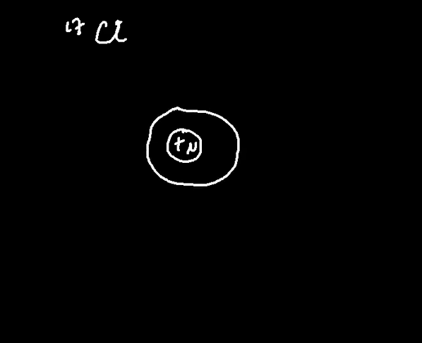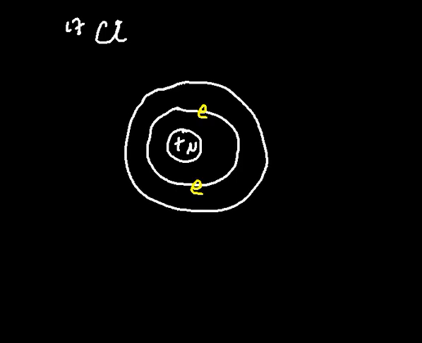The first shell must have 2 electrons. You should understand the configuration using KLMN notation. The second shell must have 8 electrons. So these are the 8 electrons in the second shell.